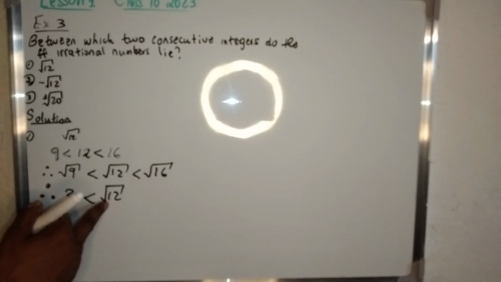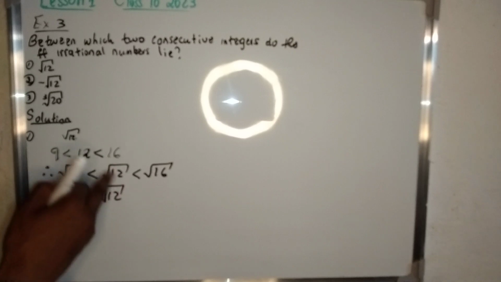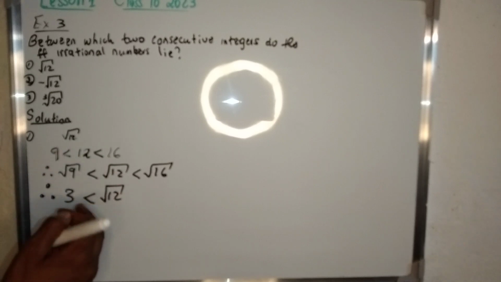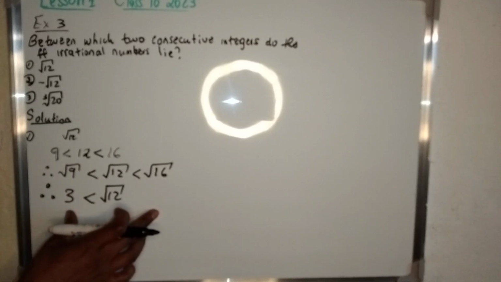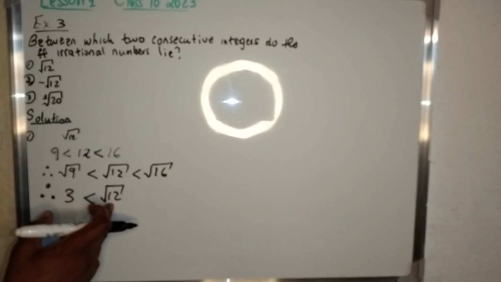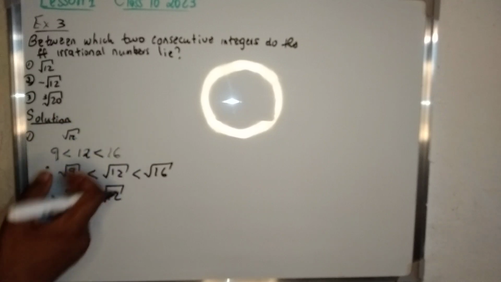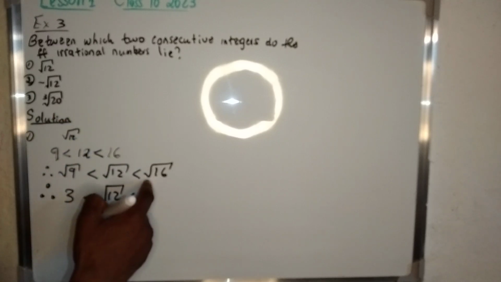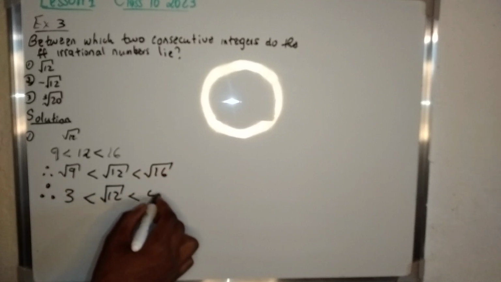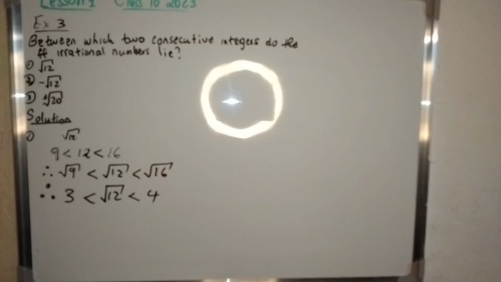Okay, please don't do anything here. This is what you are given. Then you are trying to find two consecutive integers where this number, which is root 12, lies. And then it's going to be less than the square root of 16, which is definitely 4. So that means now we have found the two consecutive integers.